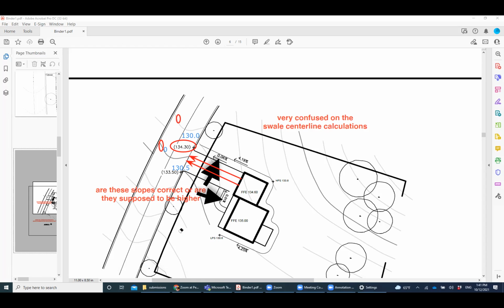It's acceptable in this case. Yeah, we know the challenge there. It's very close to that property line, and there's just no way that we don't change this contour at all, this one. So it's likely that's necessary.